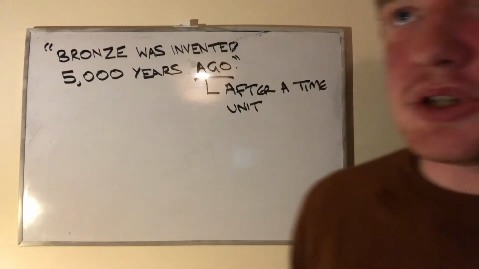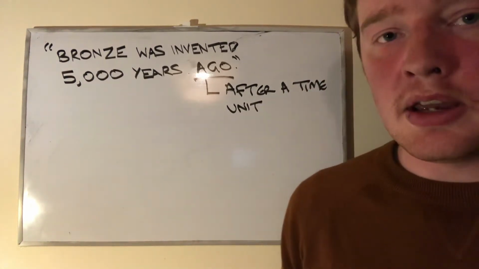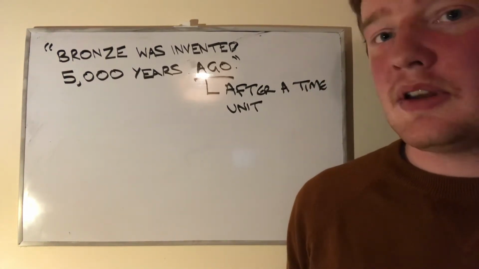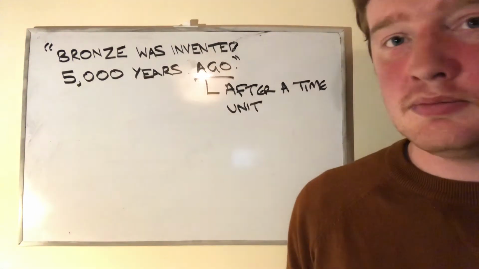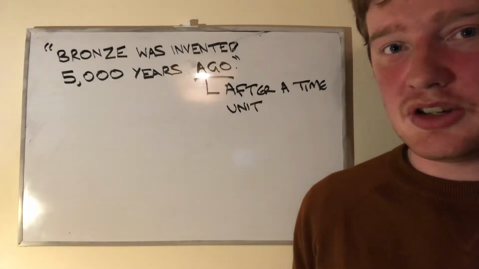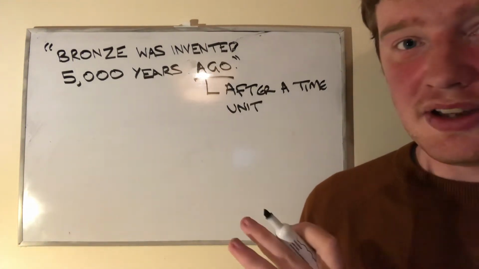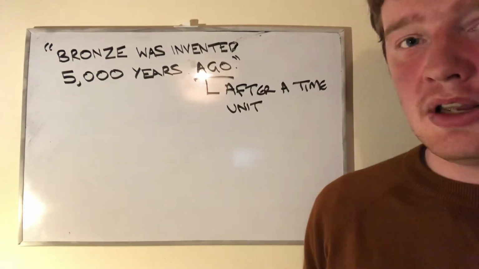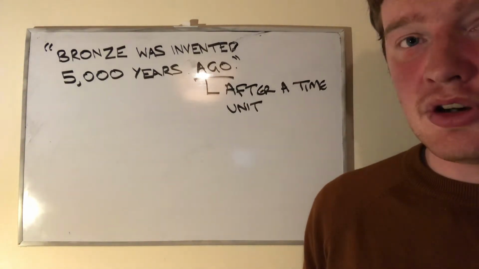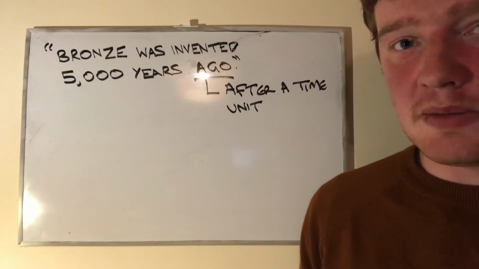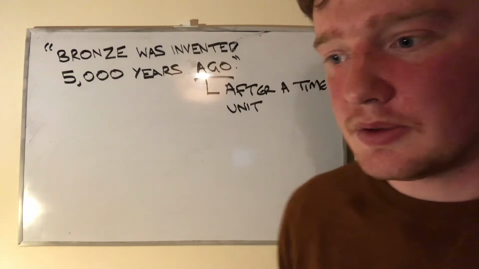To give you some more examples, I could say, I drank a Coca-Cola 20 minutes ago. Notice the time unit, 20 minutes ago. I've added ago to indicate the duration in which that event occurred, but after a specific time unit, that is 20 minutes.